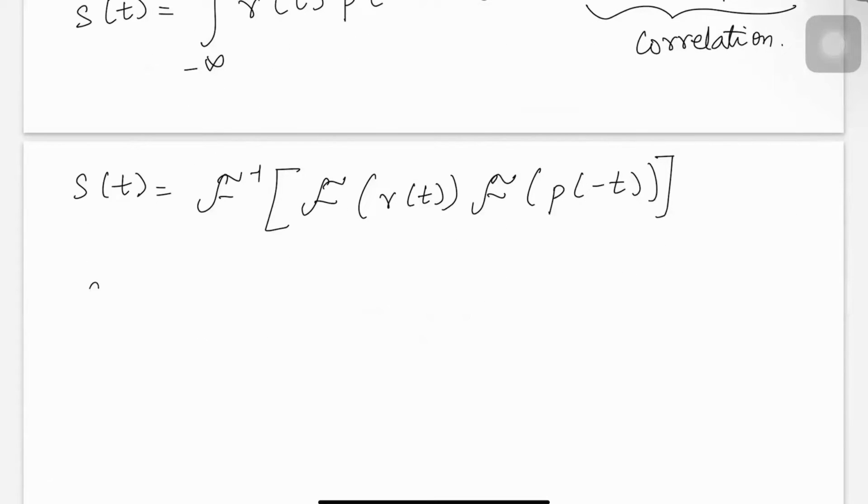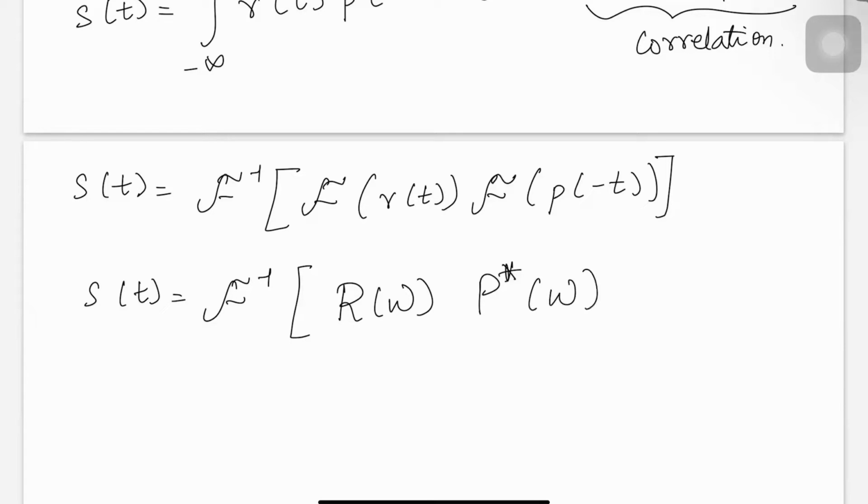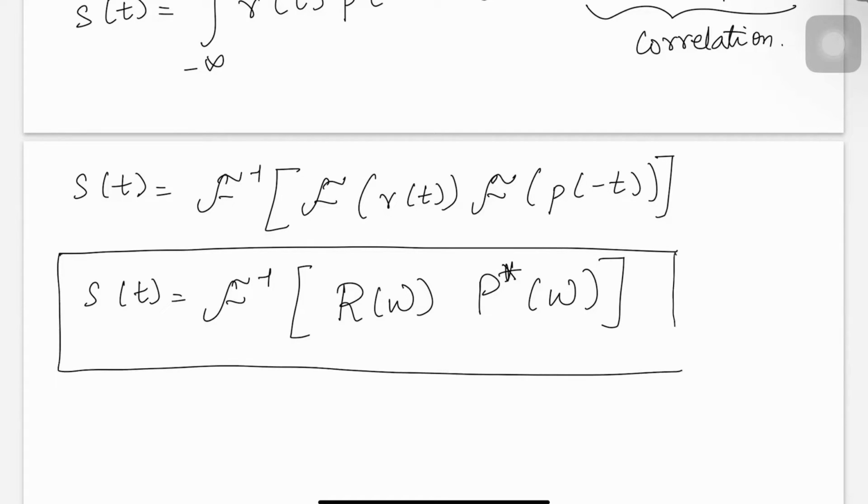So I can also write s of t as the inverse Fourier transform of R of omega times P conjugate of omega. Because of the negative sign here, you get a conjugate. It's another property of Fourier transforms.